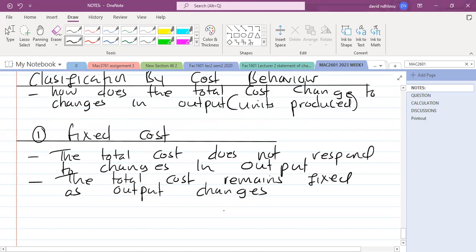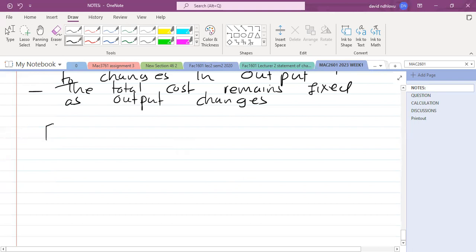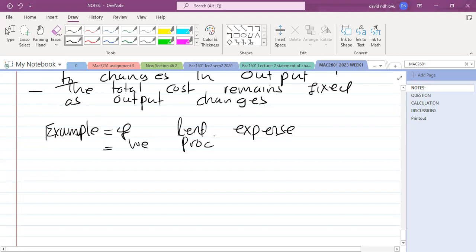We can give an example so that we understand this, of rent expense. Here, total rent is 100,000 for the year.